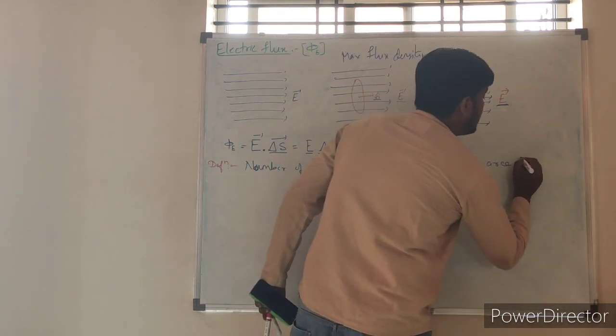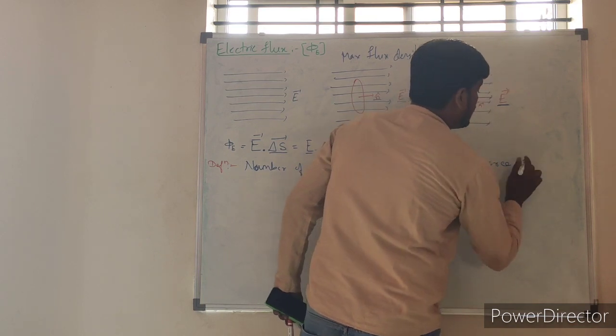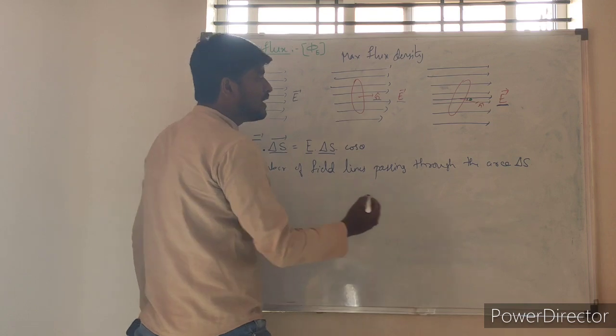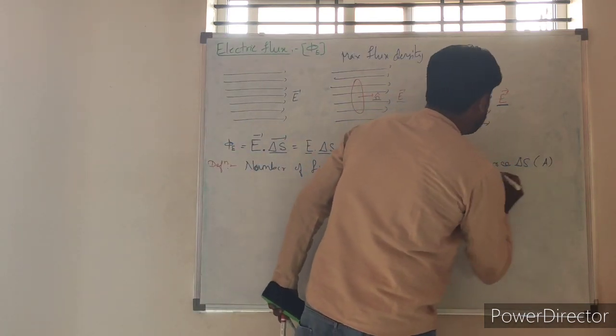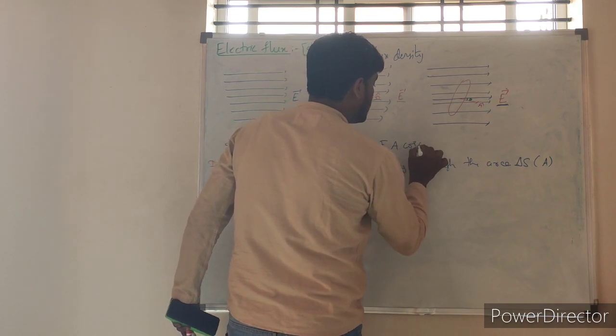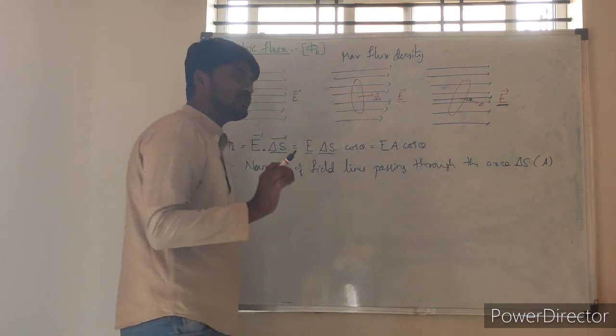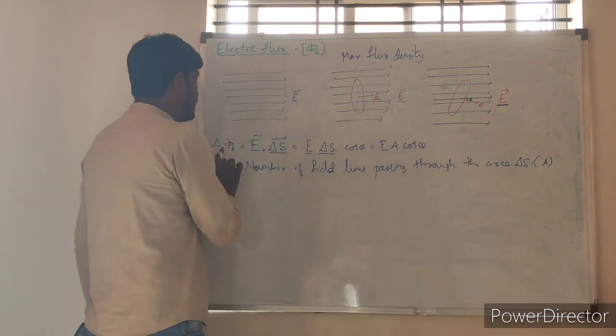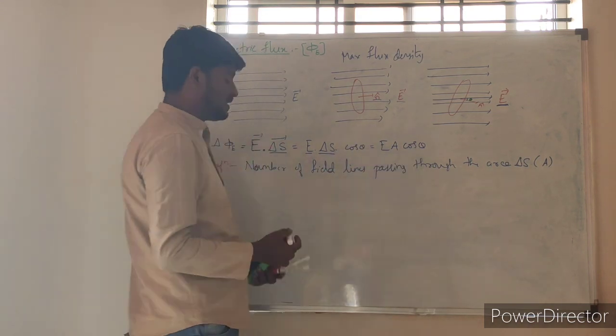So the area is delta S. In some books they have taken A also. So this expression can be written as E A cos theta. It also holds good. Delta S means small area, so we have small electric flux. So for total area, phi E is equal to E A cos theta.